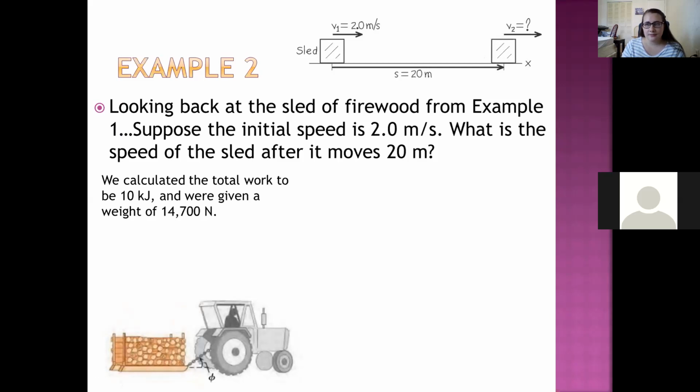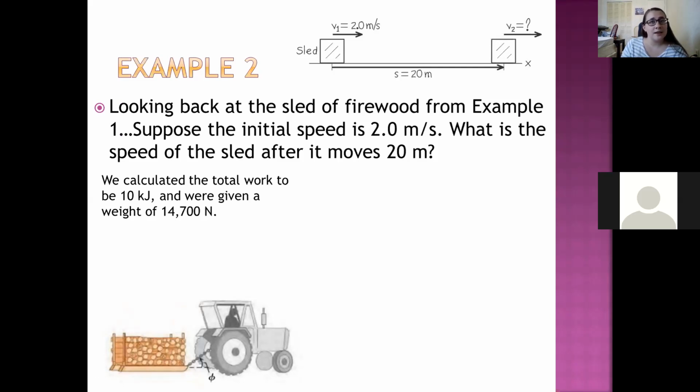So previously, just to recap, we calculated that the total work done on this sled was 10 kilojoules, or 10,000 joules. And we were given the weight in the problem to be 14,700 newtons. From that weight, we can figure out the mass of the sled, because remember, weight is the same thing as the force of gravity, which we calculate by doing mass times g.